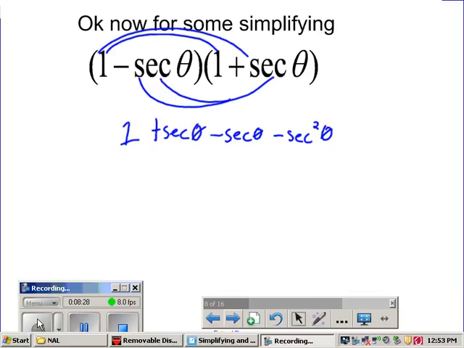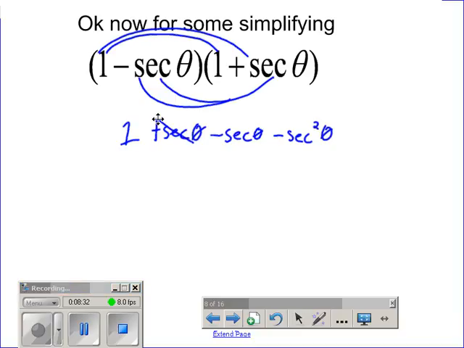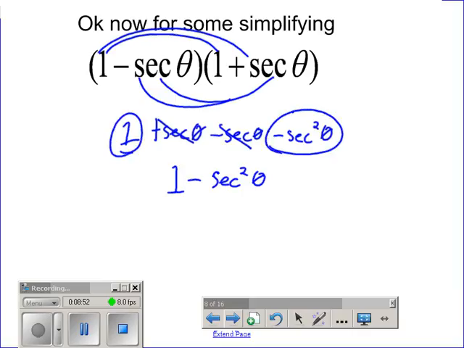Now what we've got is we can cancel these two, and we've got 1 minus secant squared theta. This is that other tool we've been using, the difference of two squares, because we see how the middle term cancels out. I'm left with a perfect square minus another perfect square. Sometimes we need to separate that out and make it look like what it is up at the top to help us simplify as we go back and forth.